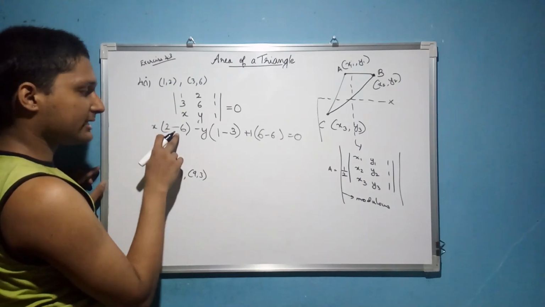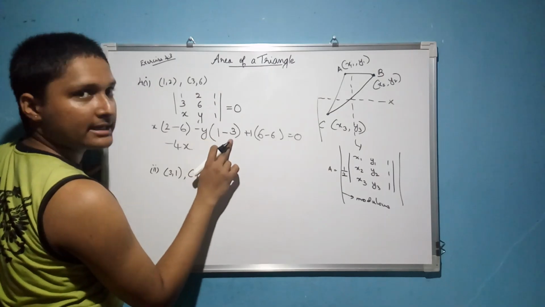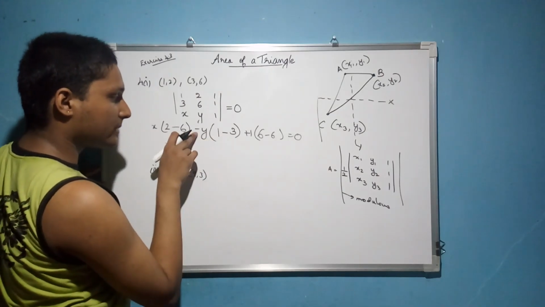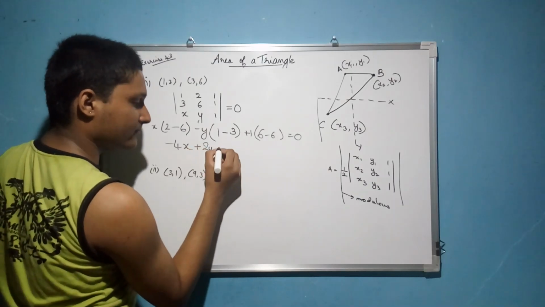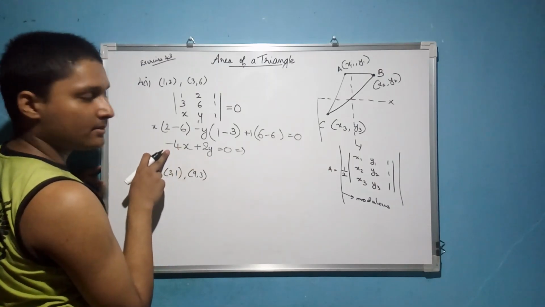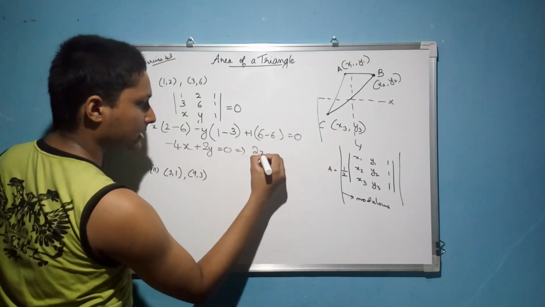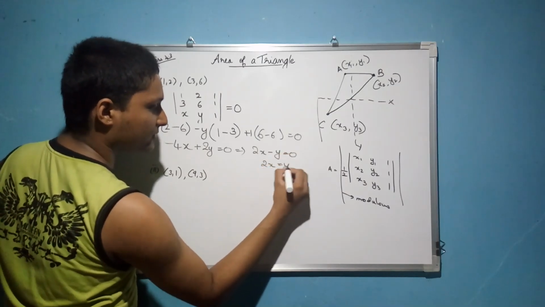So 2 minus 6 is minus 4, so it is minus 4x. 1 minus 3 is minus 2, minus 2 into minus 1 is plus 2, so plus 2y is equal to 0. Or I can multiply by minus, so it is going to be 2x minus y is equal to 0, or 2x is equal to y.